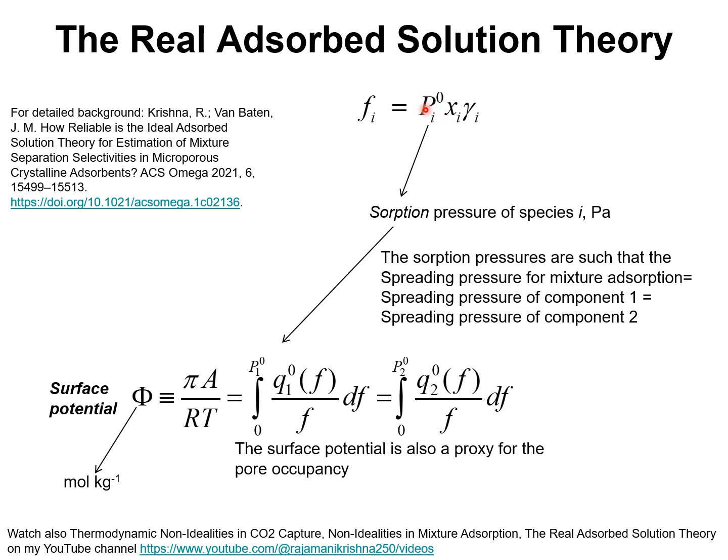This term here, P_i^0, is the sorption pressure of species i.